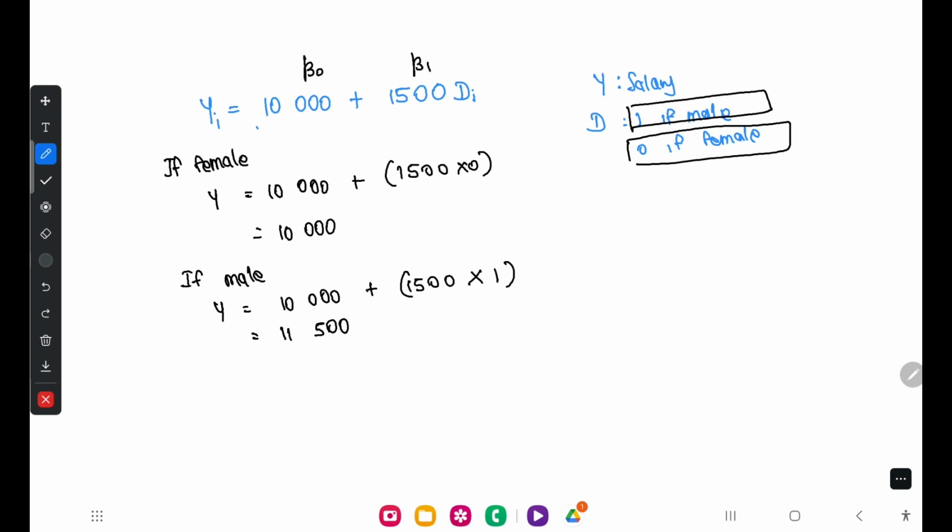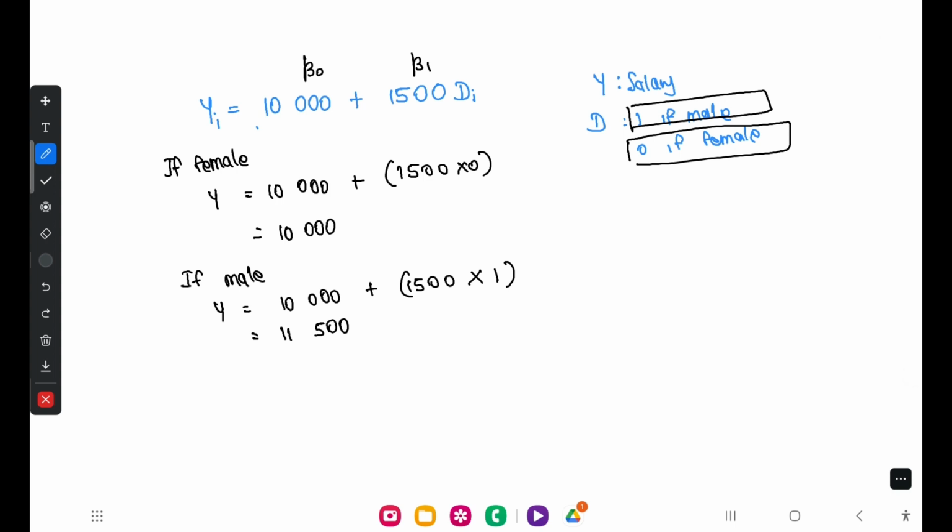So when we are interpreting the coefficients, that is this beta naught and beta 1, how are we going to do that? Basically, this 10,000 is the earnings of the female. So it's the value of the base category in simple terms. What is our base category?